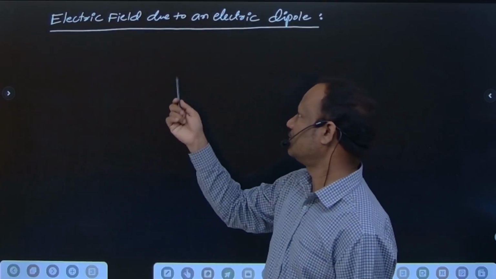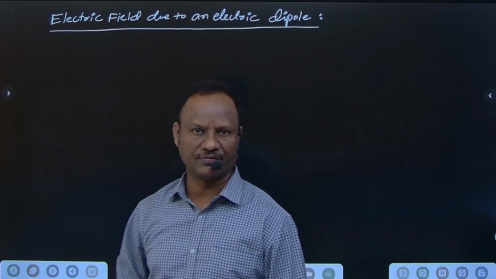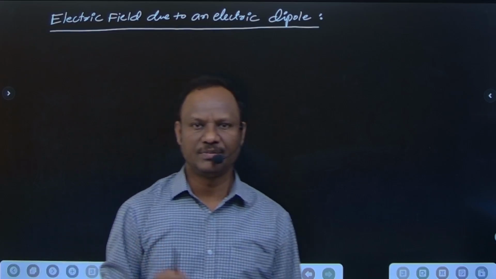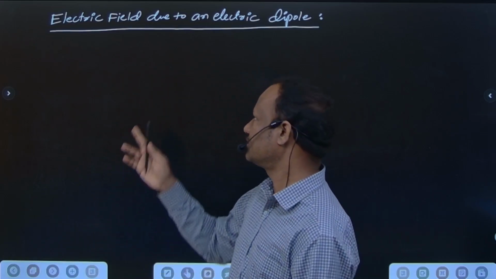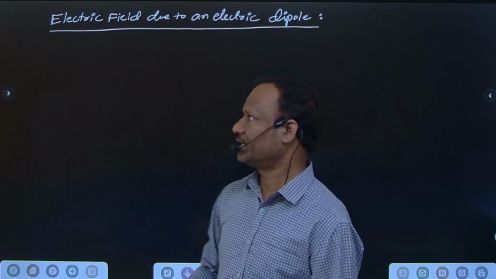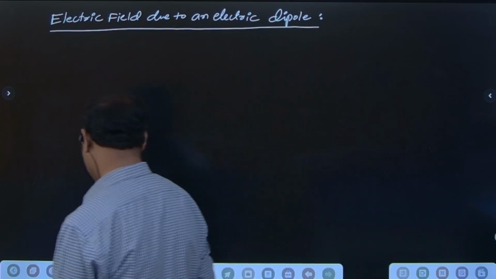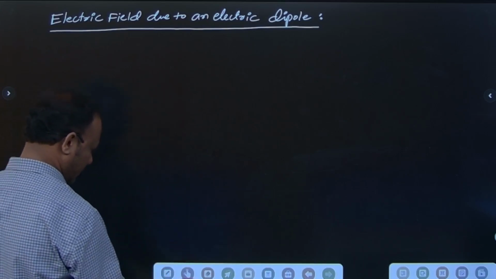Here we are discussing the electric field due to an electric dipole, at a point on the axial line, the equatorial line, or a line making an angle theta with the dipole. For all the cases, we are going to find the electric field due to an electric dipole. First I'm choosing the coordinate system.